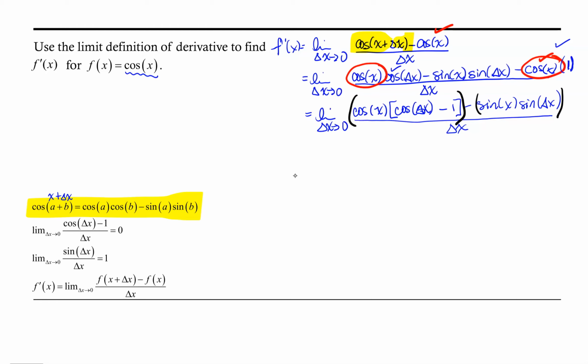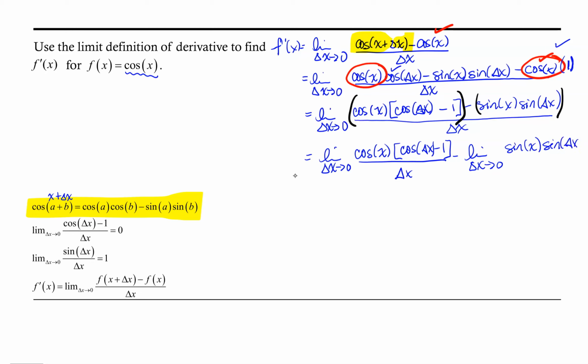So we're going to go ahead and separate those in our limit, and so we'll end up with the limit as delta x goes to 0 of cosine of x times cosine of delta x minus 1 all over delta x minus the limit as delta x goes to 0 of sine of x times sine of delta x all over delta x.